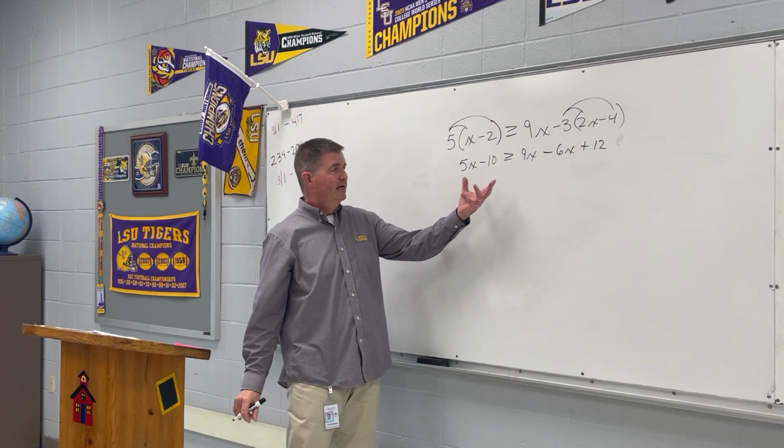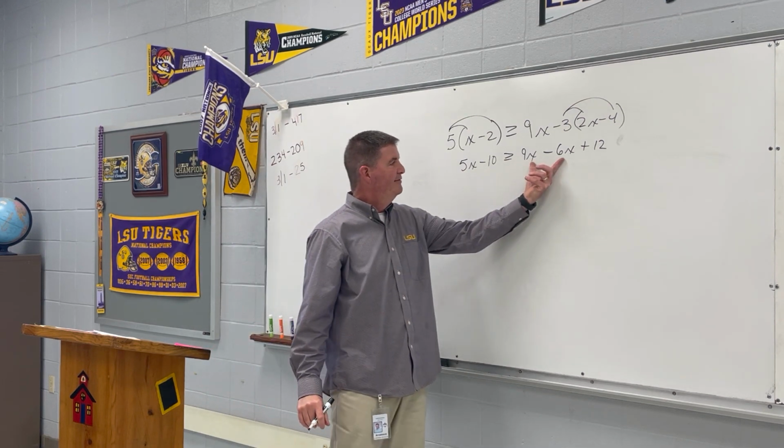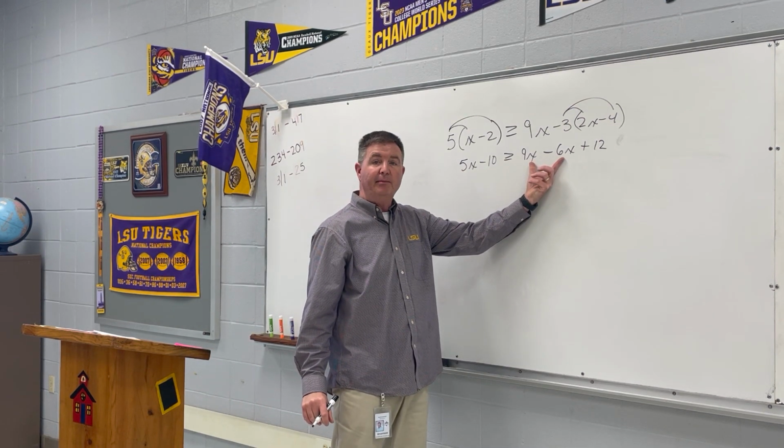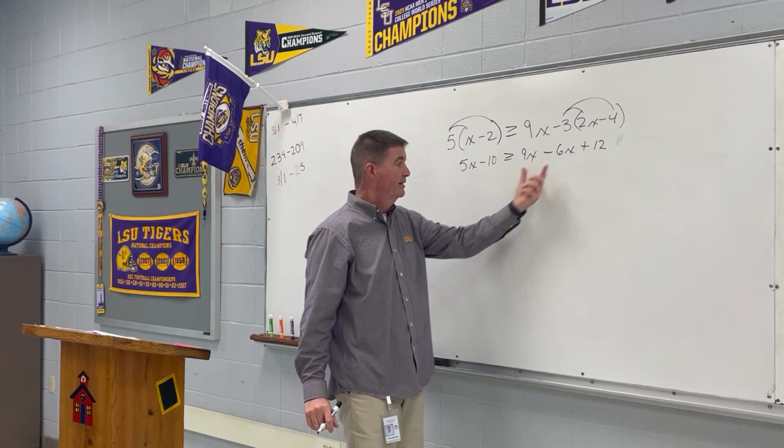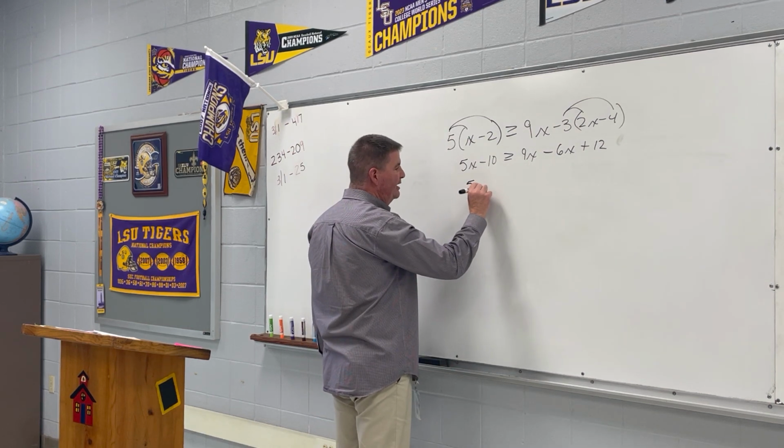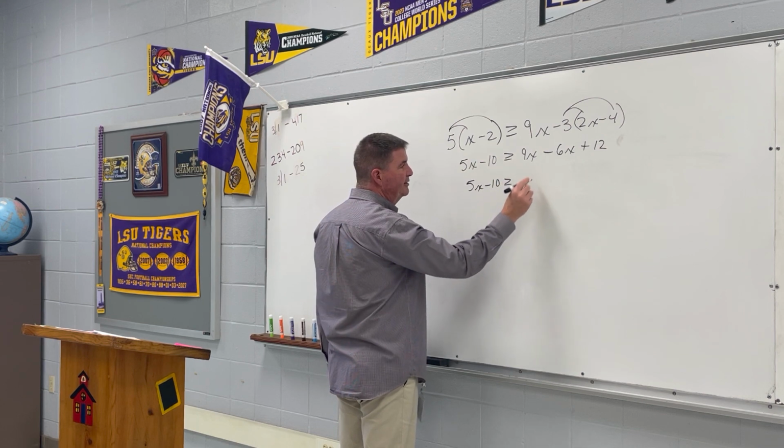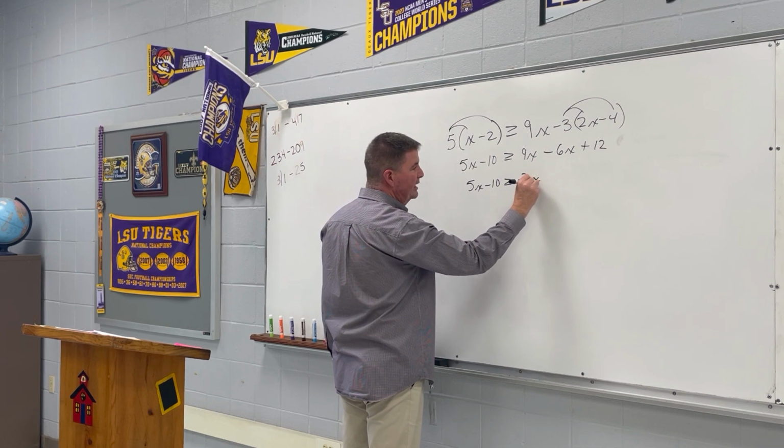Once I'm doing this, I have x's both on the right, so I'm going to combine them, called combining like terms. So I'm going to have 5x minus 10 is greater than or equal to 3x plus 12.